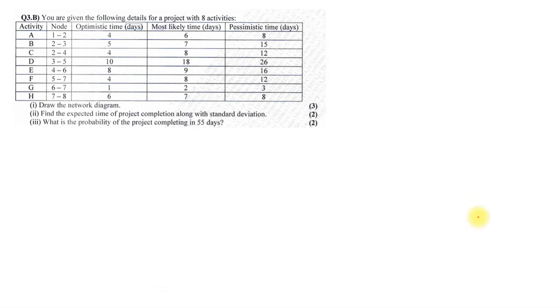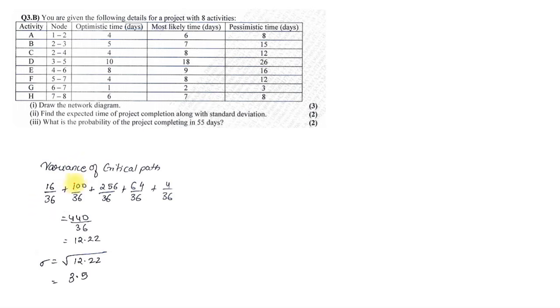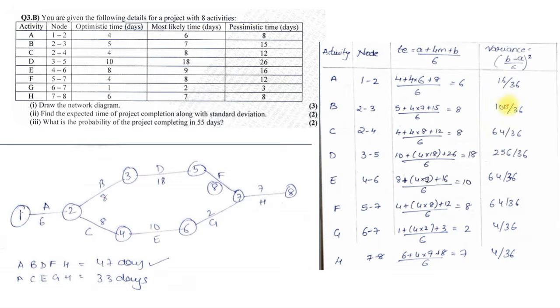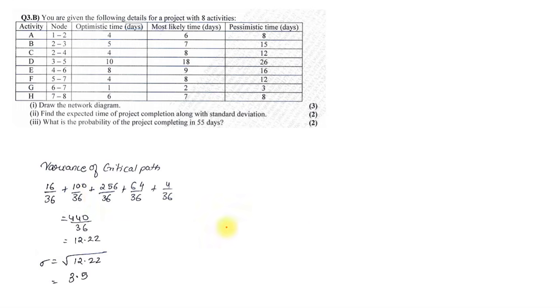So the variance of the critical path will be 16 upon 36 plus 100 upon 36 plus 256 upon 36 plus 64 upon 36 plus 4 upon 36. That would be the critical path. Add up the numerators, keep the denominator as it is, divide, we get 12.26. When we take the square root of that, we get a standard deviation of 3.5.